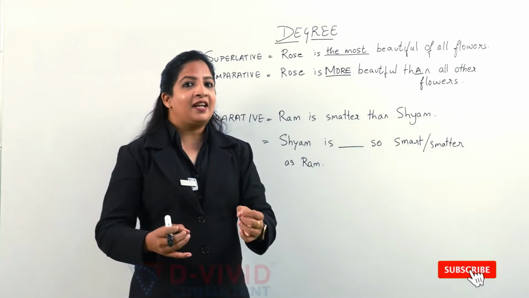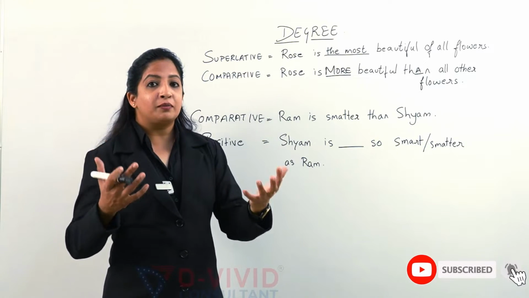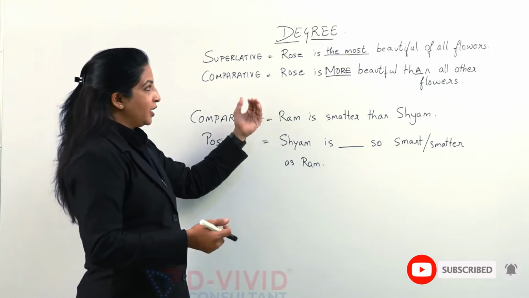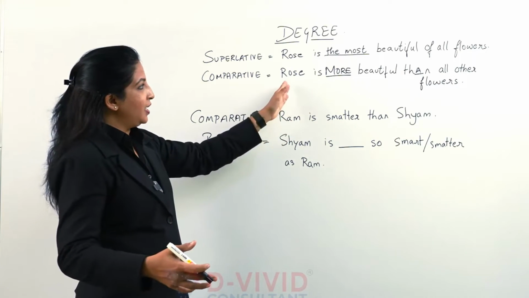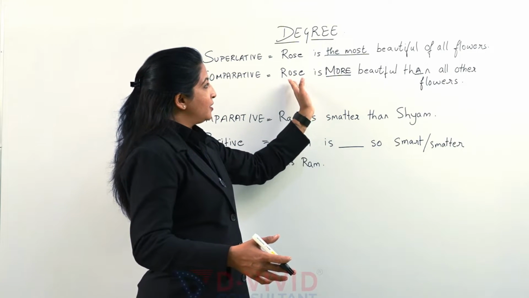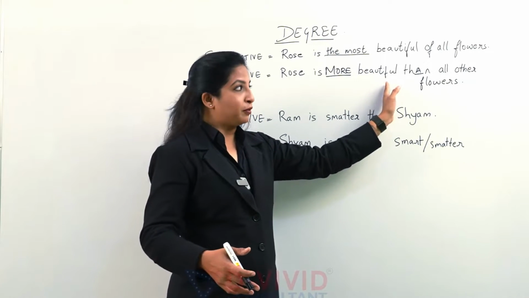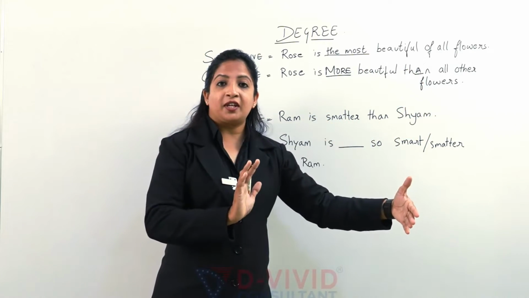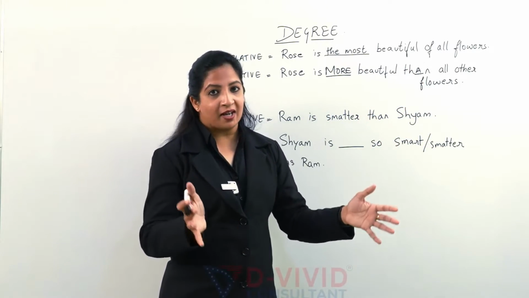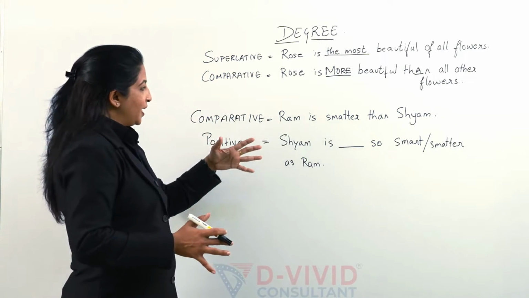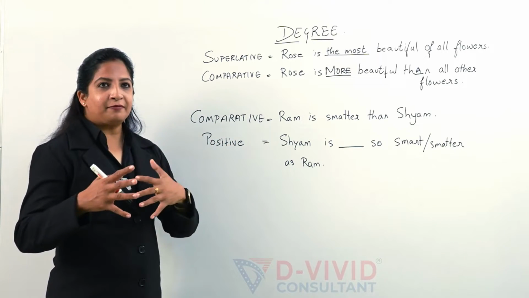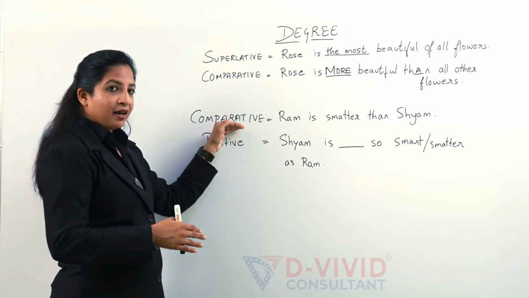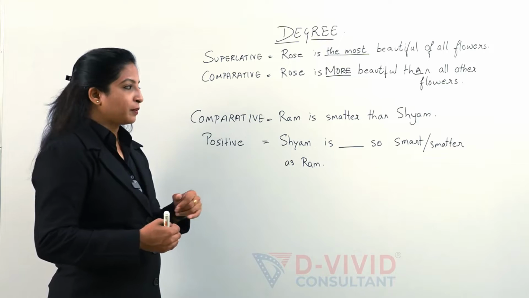So at the end I have only two things to be compared. Here I am taking rose as one basket. It is compared with, say, "Rose is more beautiful than the rest of the other flowers," which are in one basket.